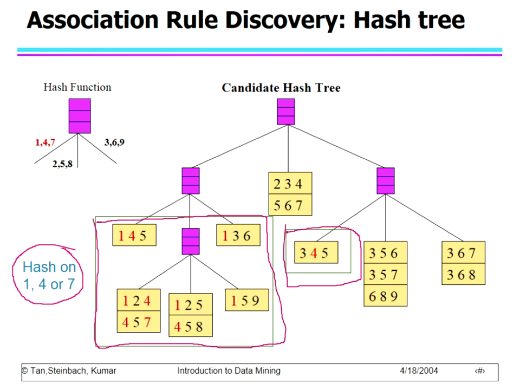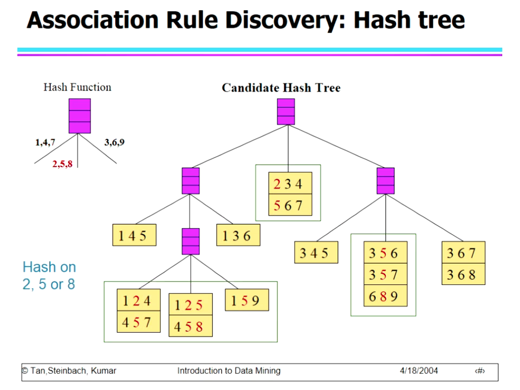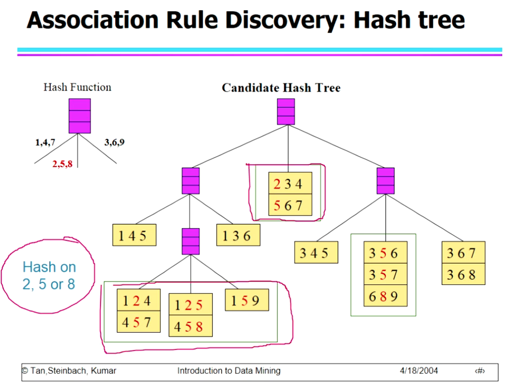Only the candidates 145, 124, etc. If I hash on 2, 5, 8, the comparison will be on this part, this one, and this one.